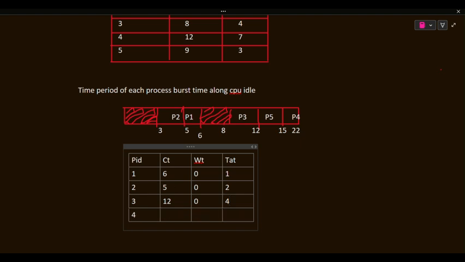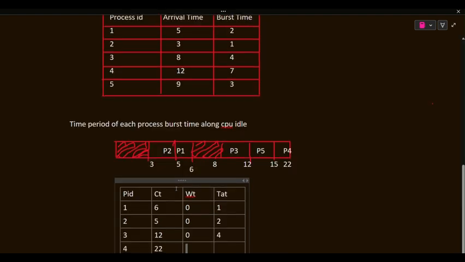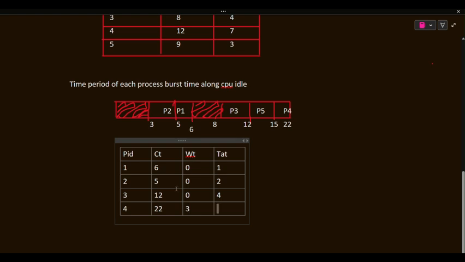For process number 4, the completion time is 22. Process number 4 has arrived at t equal to 12 but it started executing at t equal to 15. It means it has waited for a time period of 3 seconds and the turnaround time is 10 seconds.